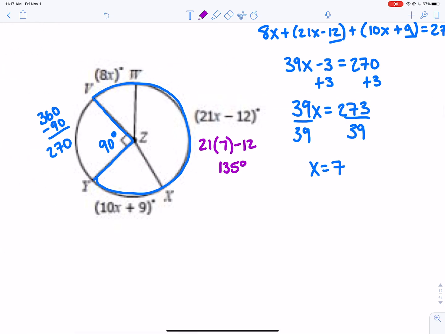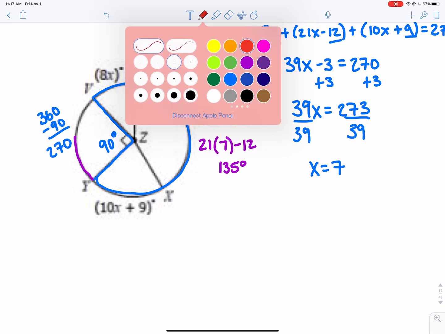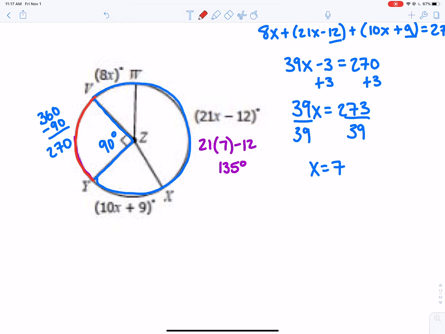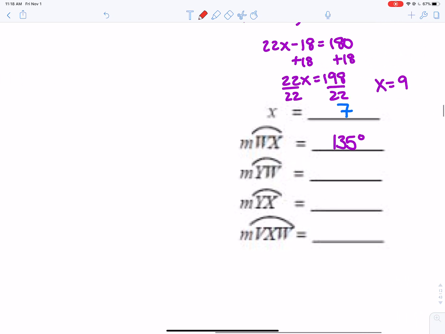So arc YW would be the 90, let me grab another color, would be 90 degrees plus 8 times the 7 we figured out for x. So 8 times 7 is 56, and 56 plus 90 would be 146 degrees for arc YW.